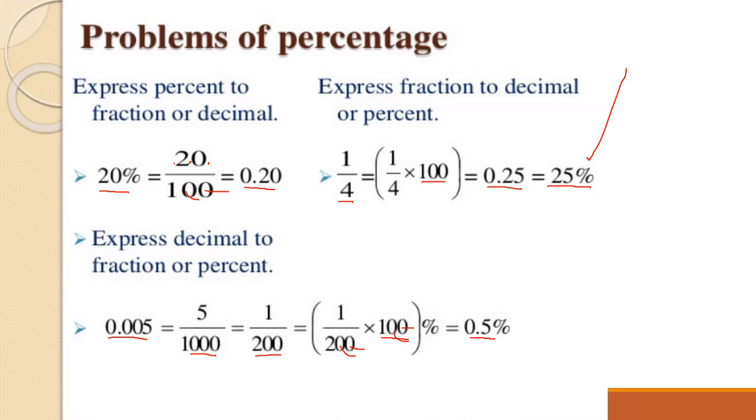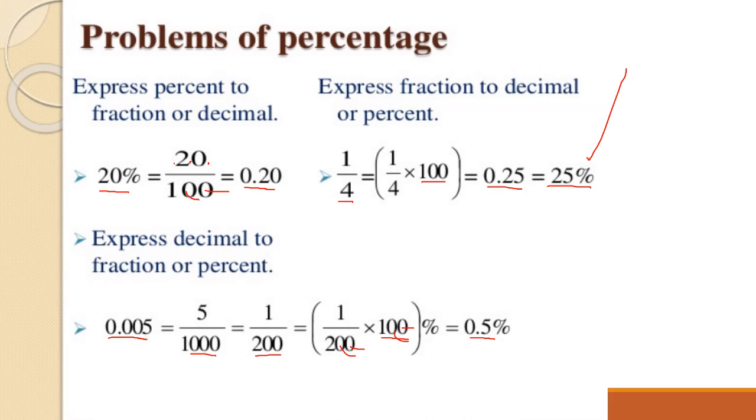Yes, hope you got it. The third one is express fractions as decimal or percent. Okay, we have a fraction 1 over 4. We need to change it into decimal or percent. When we change any number into percent, as I said, we need to multiply that number by 100.